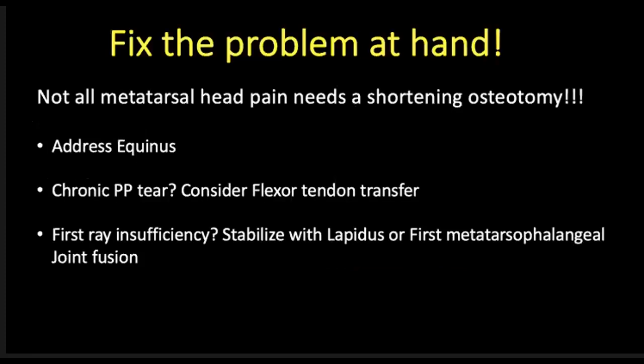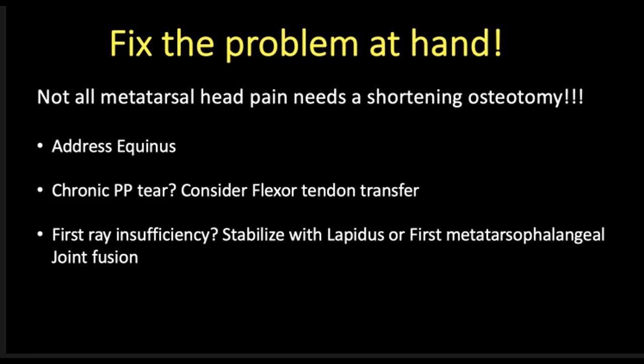So, like I mentioned, not all metatarsal head pain needs a shortening osteotomy. You need to address the equinus that might be there. You need to look for plantar plate insufficiency, and if it's a chronic condition, maybe these patients need a flexor tendon transfer to help splint the toe down, and that in and of itself will essentially offload the metatarsal head.